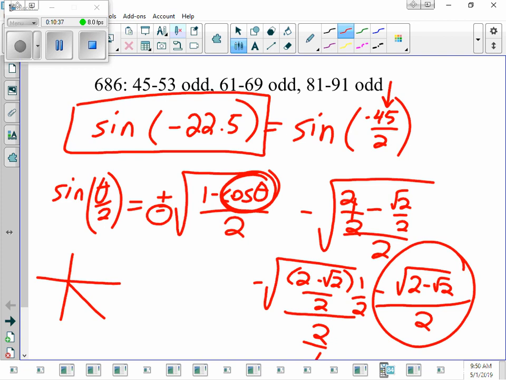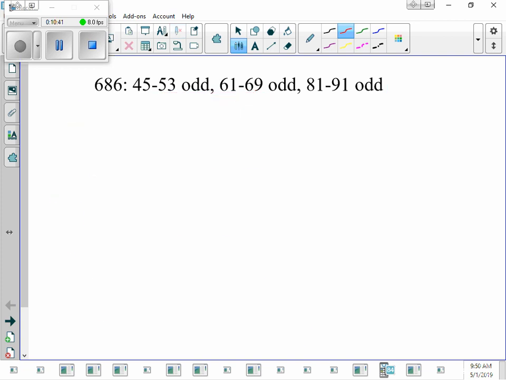All right, number 81. Write each product as a sum or difference of sines and or cosines. So I'm given 6 sine of 5x times the cosine of 2x.